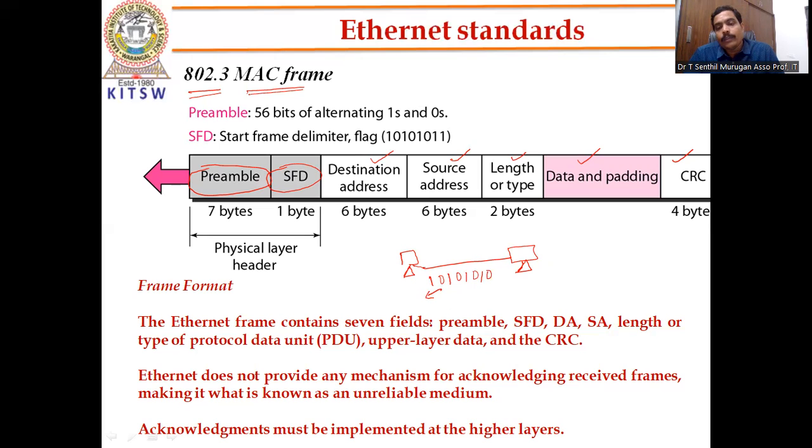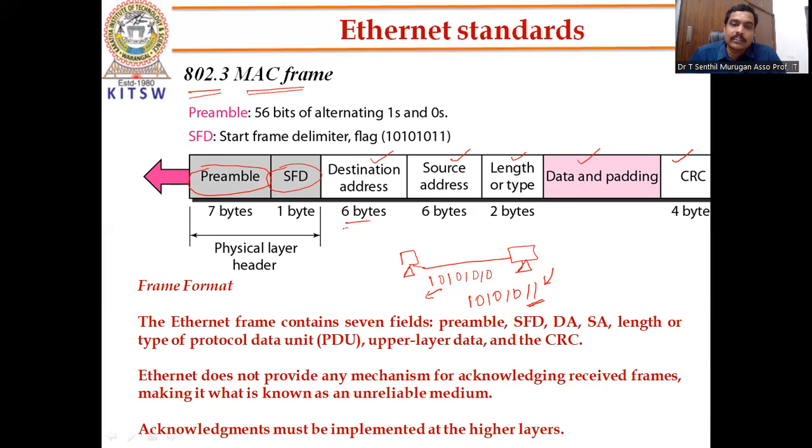After 56 bits, it will send the data, like 10101011. Whenever it gets this byte, the destination understands that the next bits represent the destination address.